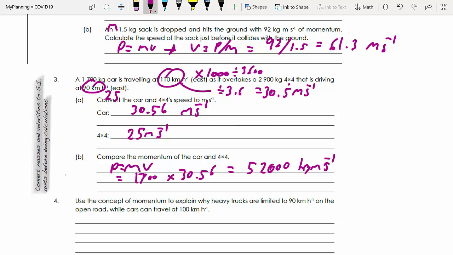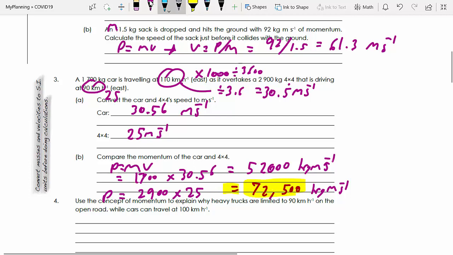kg meters per second, minus 1, versus the 4x4. P equals, the 4x4 has a significantly larger mass and not too significantly slower velocity, and we see that that means that the 4x4 has larger momentum.